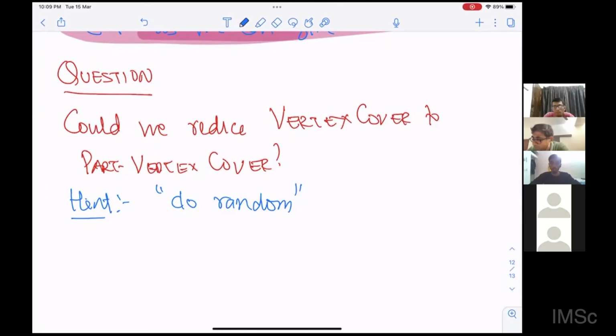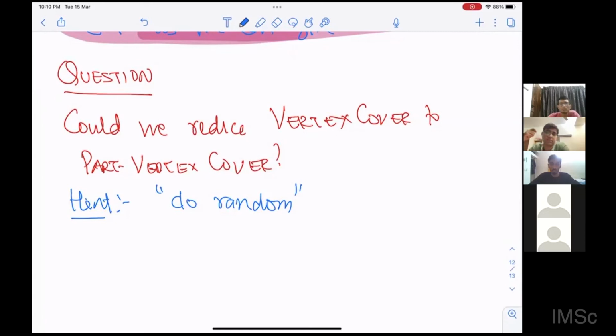I'm asking if we get to choose F. Yes, you get to choose F. It's your choice to map everything to one. Yeah, but does that reduce to the partition vertex cover? If you solve partition vertex cover, you will get a vertex cover. Does it correctly do the reduction to partition vertex cover if you just color them all one?